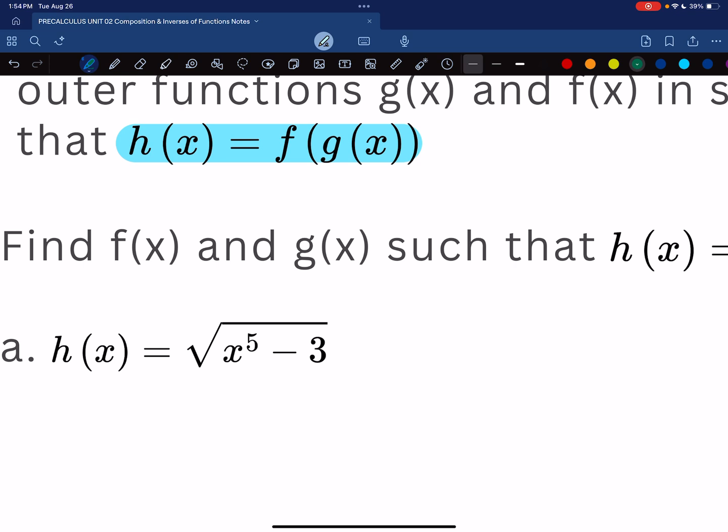Let me write it like this. g of x is inside, and the f of x is outside.